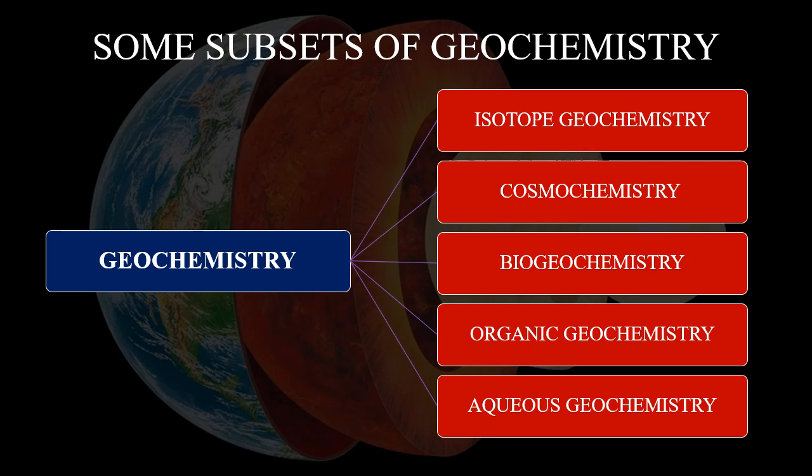We have aqueous geochemistry that studies the role of various elements in water sets including copper, sulfur, mercury, and how element fluxes are exchanged through the atmospheric, terrestrial, aqueous interactions. Apart from that, we have regional, environmental, and exploration geochemistry that includes application to environmental, hydrological, and mineralogical studies.